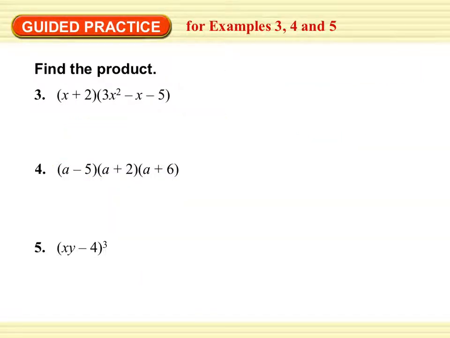Let's try it. So this is just a bunch of examples. When I do anything bigger than binomial times binomial, I draw the box. 3x squared minus x minus 5.